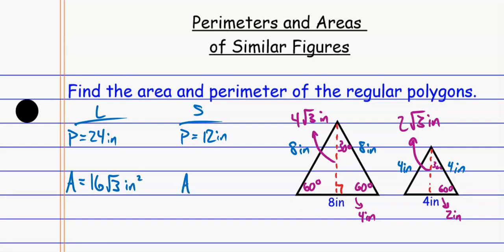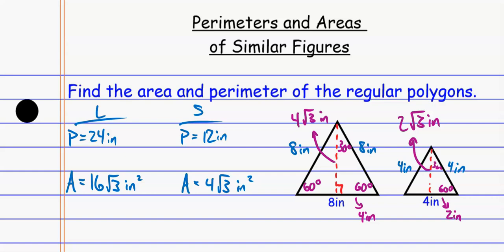The area of the smaller triangle, once again 1/2 the base times the height, so 1/2 times 4 times 2√3 gives me 4√3, again square inches. All right, so I've found the perimeter and area of each of these. In a little while, we'll actually compare these in terms of the ratios that they give us.